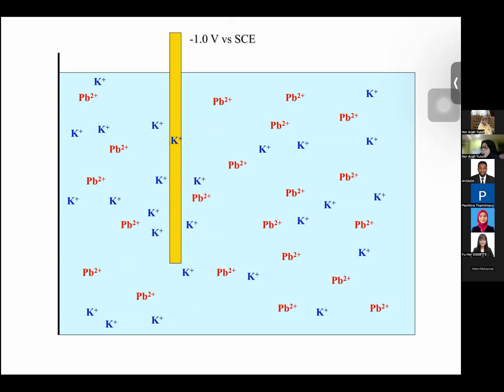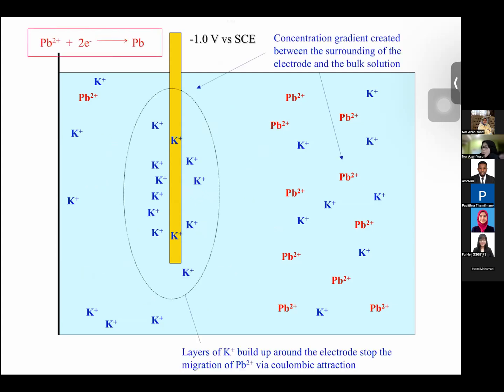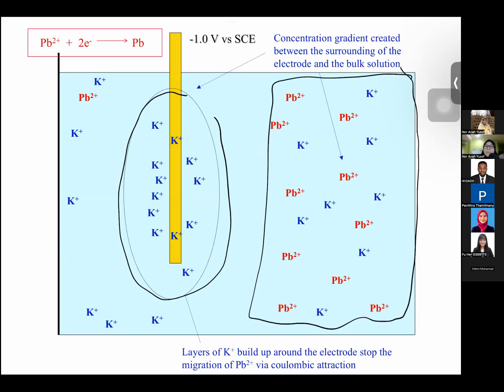You can see that a concentration gradient is created between the surrounding of the electrode and the bulk solution. So this is the surrounding of the electrode, and this is what we call the bulk solution. Layers of K+ build up around the electrode and stop the migration of Pb2+ via Coulombic attraction. What does it mean? Now we have two ions competing for the surface of the electrode. Depending on the reduction potential, one will be reduced first.